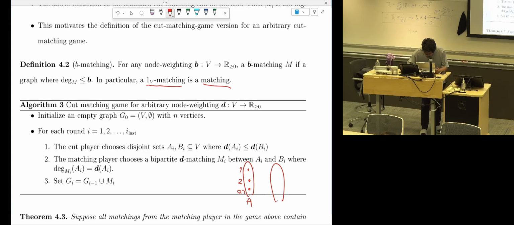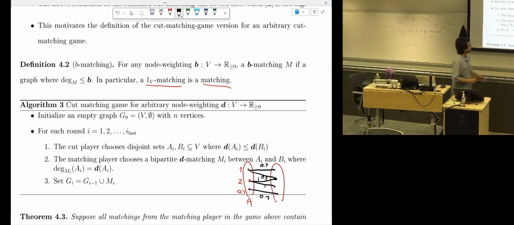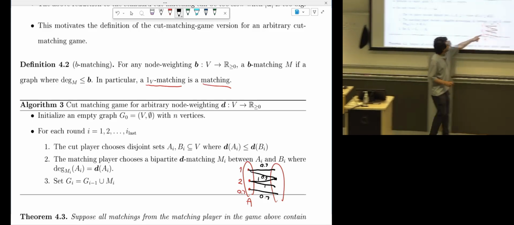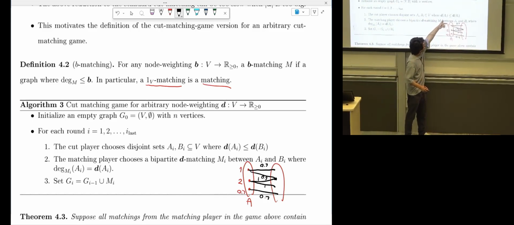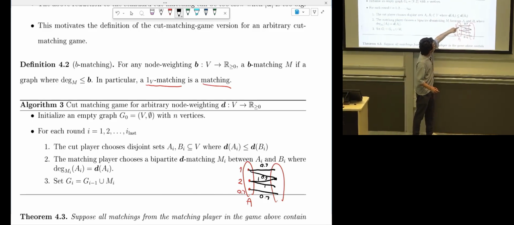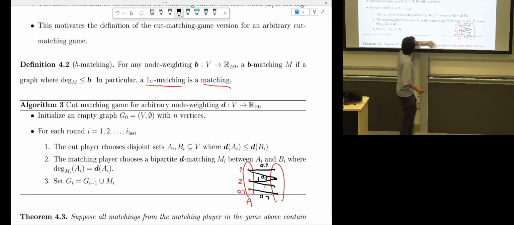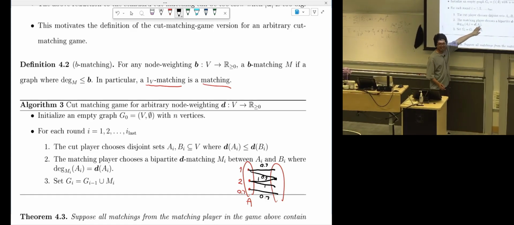Then M can look like 0.5 here, 0.5 here, and 1 and 1 here, and then 0.7 like this. So just make it such that the degree here just matches A completely.